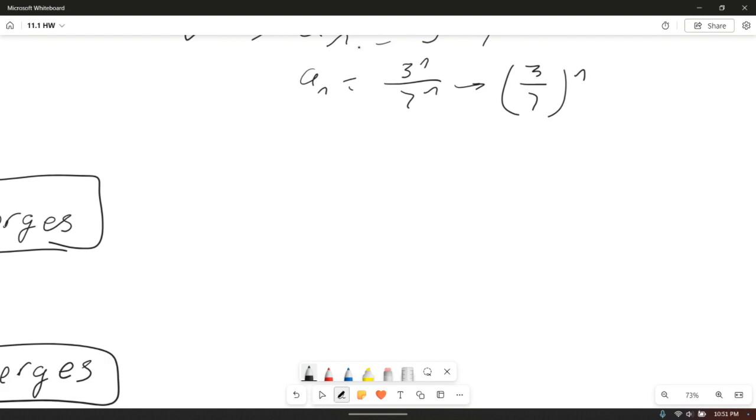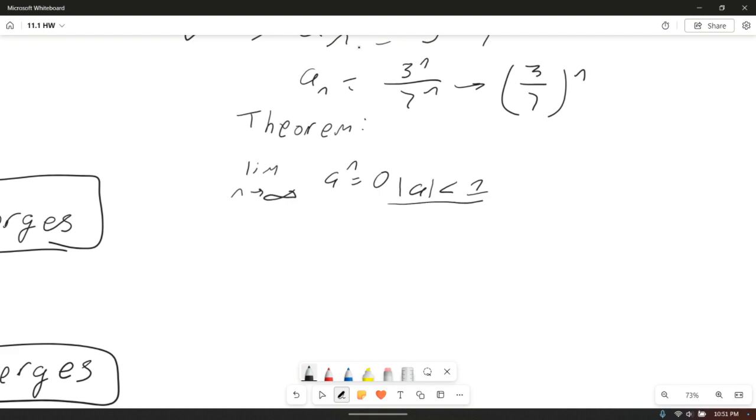So there's a theorem that states that if we have a function that looks like the limit as n approaches infinity of a to the n, then if the absolute value of a is less than 1, then the limit as n approaches infinity of a to the n equals 0.